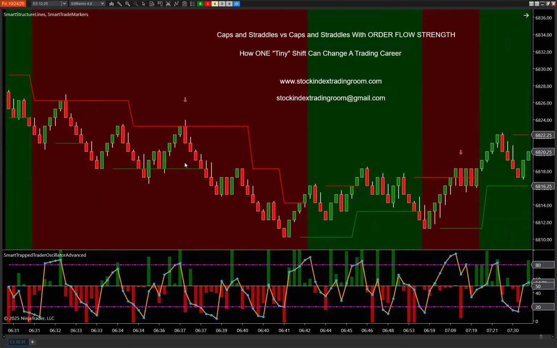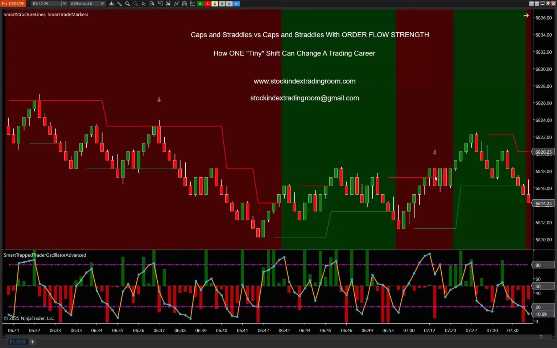For comparison, we're going to look at Trap Trader Oscillator Advanced, and we're going to see that in this case, this orange line went through our midpoint line. Orange line went through, you start to see a pattern. Orange line did not go through the midpoint line, so that would not be an entry. Orange line went through the midpoint line. That would be an entry.